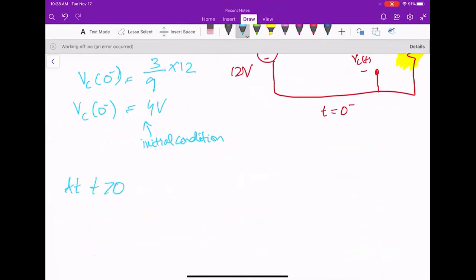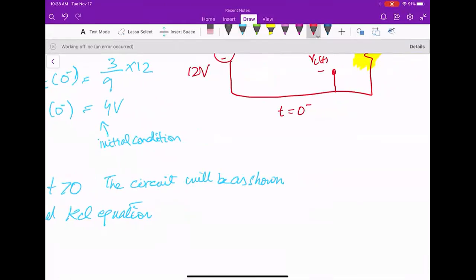For t greater than 0, the circuit will be as shown, and we will write the KCL equation, okay? So first I will draw the circuit.